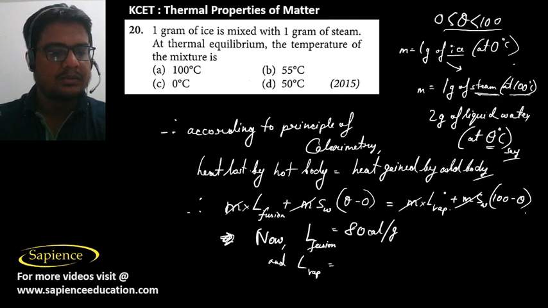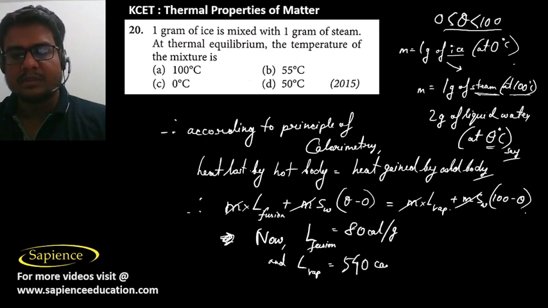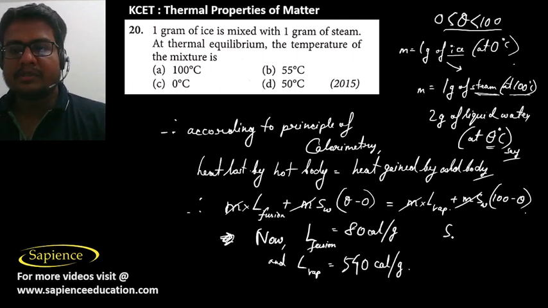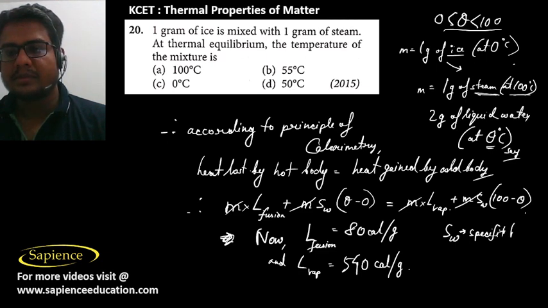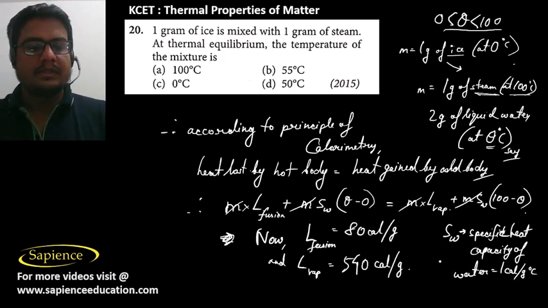The latent heat of vaporization of water is 540 calorie per gram, and the specific heat capacity of water is 1 calorie per gram per degree Celsius.